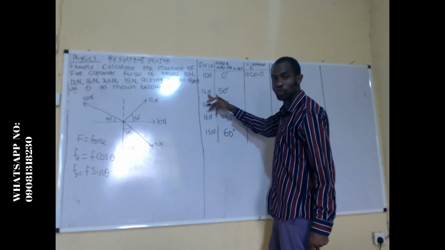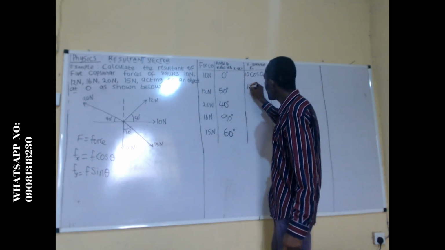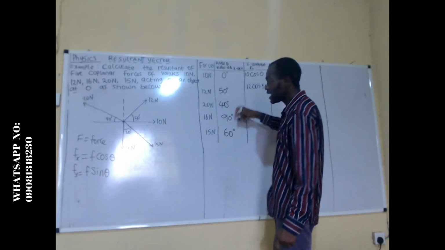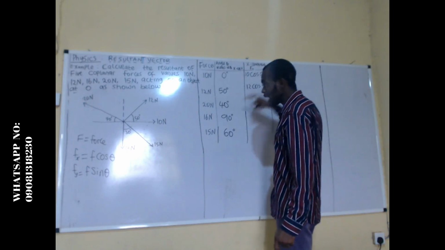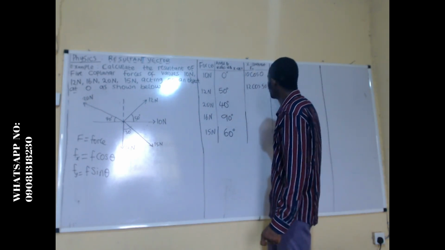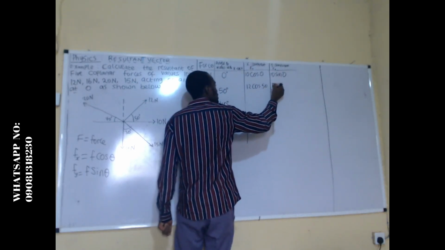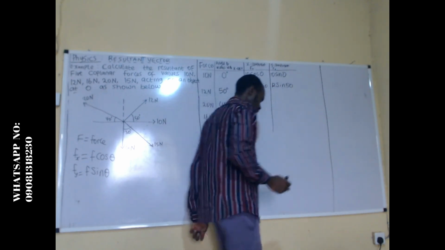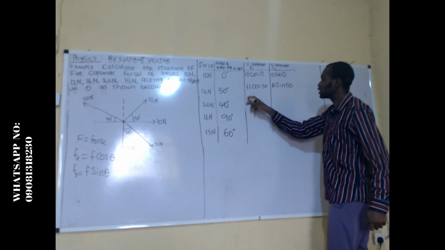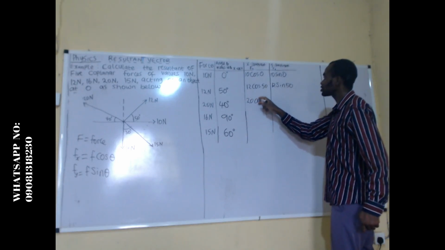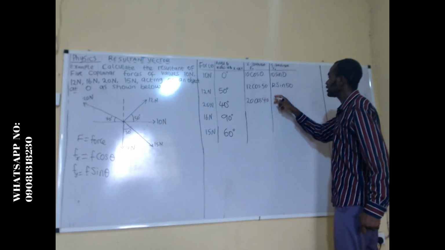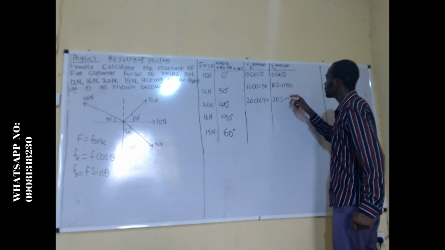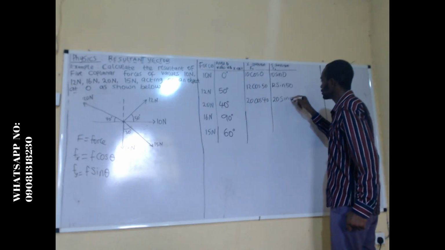While the next force is 12 Newton, it will be 12 cos, the angle is 50. And the y component of this force will be 12 sine 50. Now quickly do the others, which are 20 cos 40 and 20 sine 40.